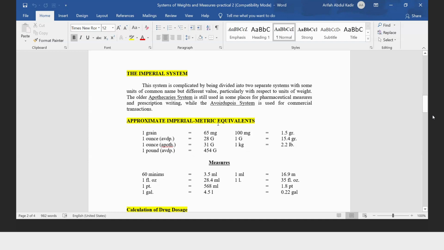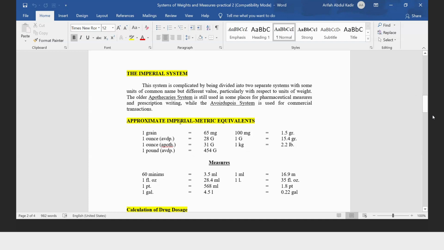The older system is the apothecary system, which is still used in some places for pharmaceutical measures and prescription writing, while the avoirdupois system is used for commercial transactions. Here we need to know roughly the imperial to metric equivalence.